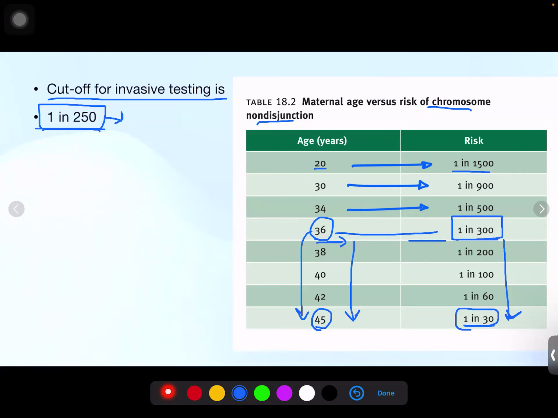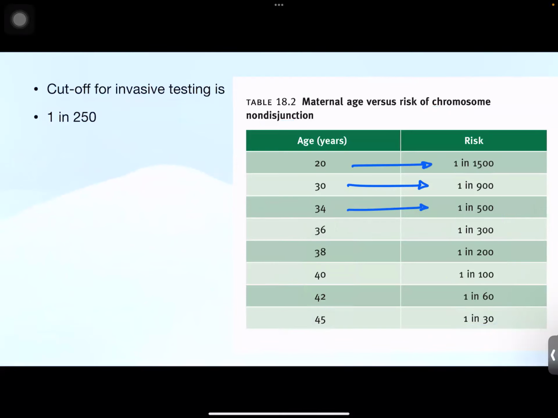Okay, so you have to know just a few points in this table: the risk at age 40 is 1 in 100, you can remember, then at 45, 1 in 30. And you can remember 35 or 36, you can say 1 in 300. So these 3 ages, you have to remember. Okay, so first is the risk assessment due to age.